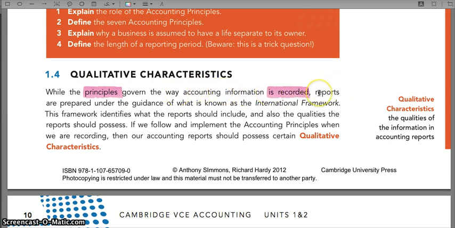Okay. So reports are then prepared under the guidance of what is known as the international framework. But the international framework basically identifies the qualitative characteristics that all accounting information needs to have.